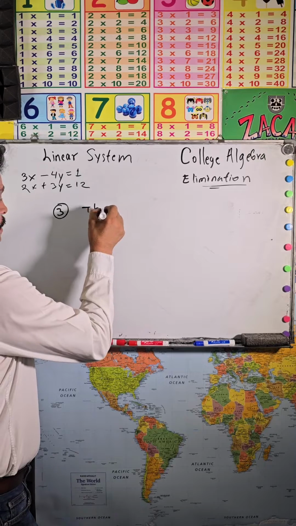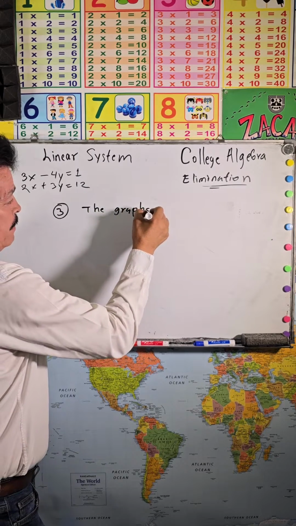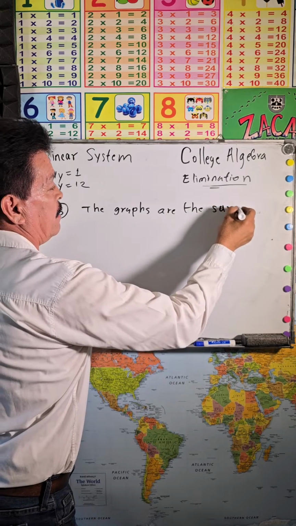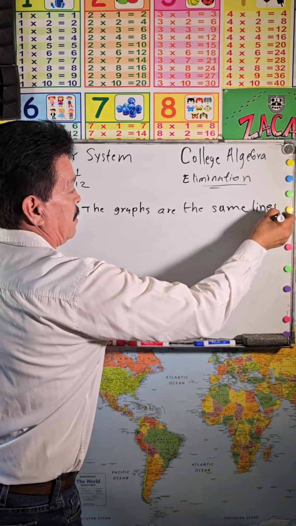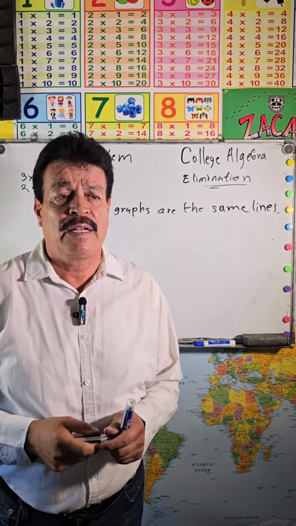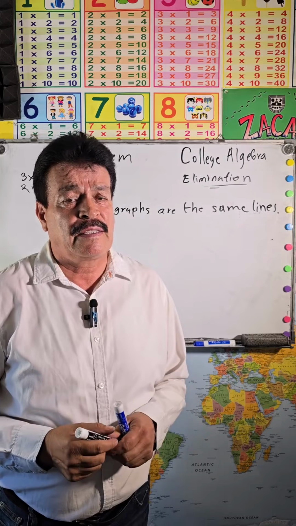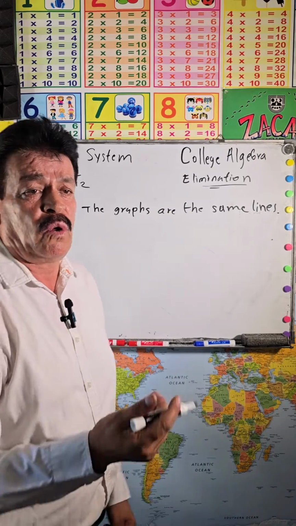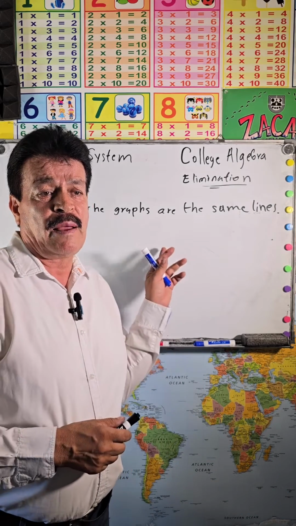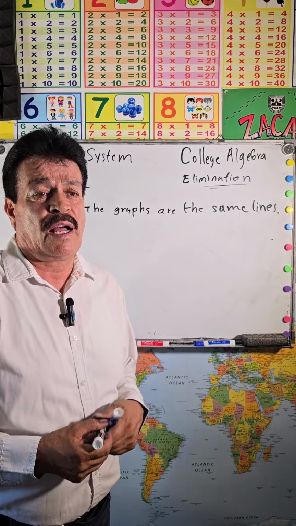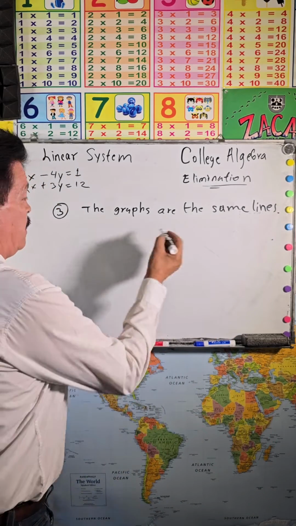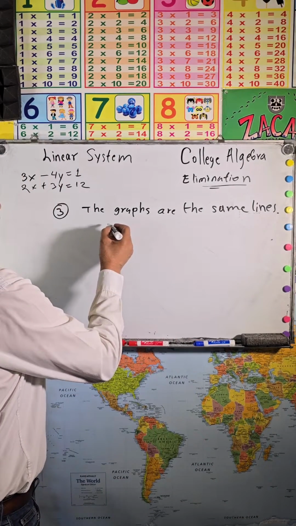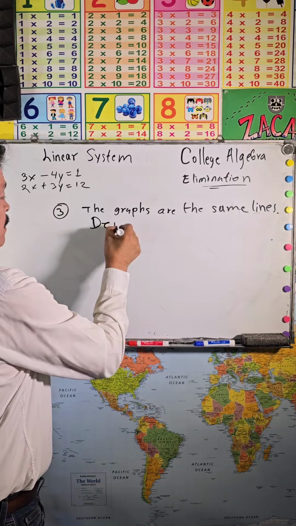When the graphs are the same line, this is called dependent. When the graphs are the same line, the equations are said to be dependent.